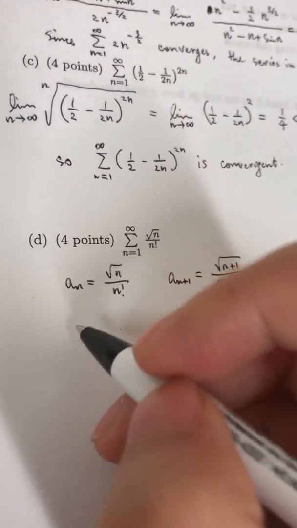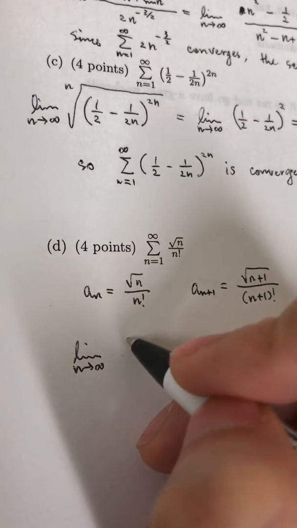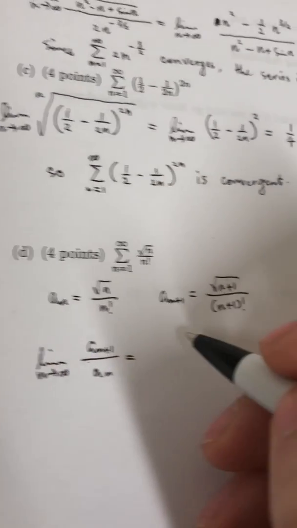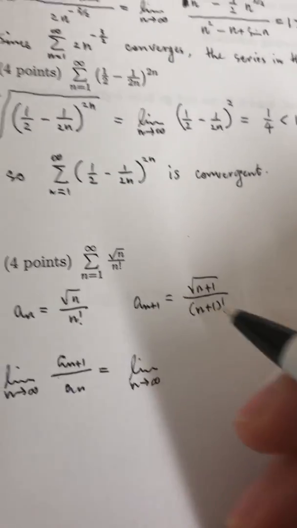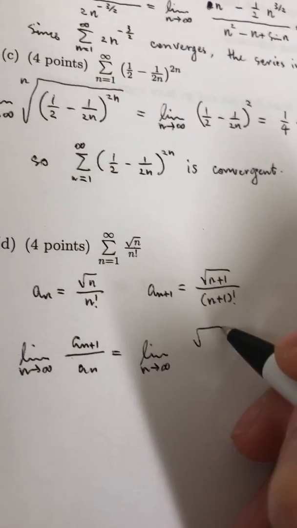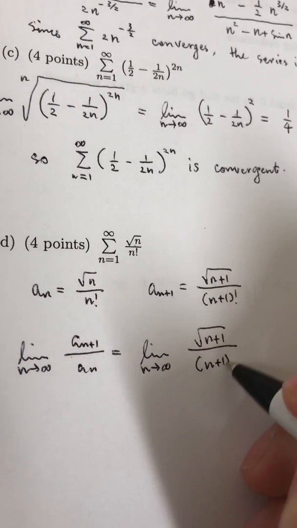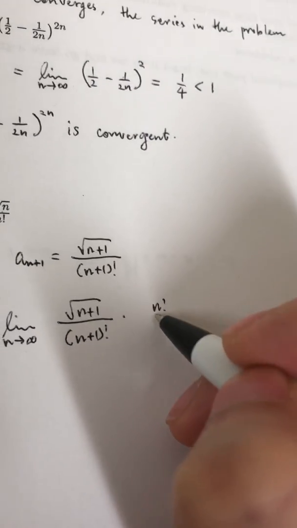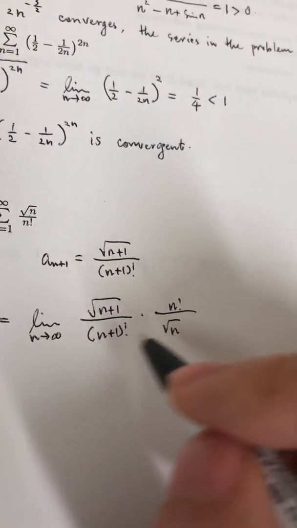So the limit of a_(n+1) over a_n should be square root of n plus 1 over n plus 1 factorial, multiplied by n factorial over root n.